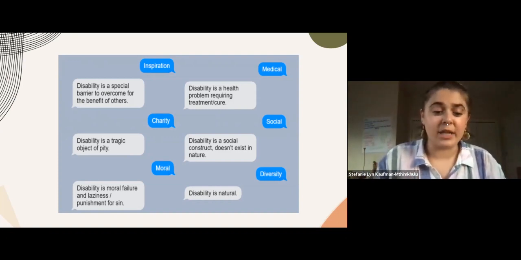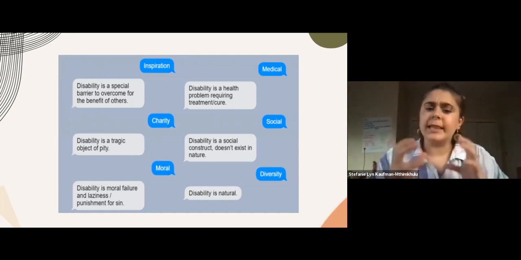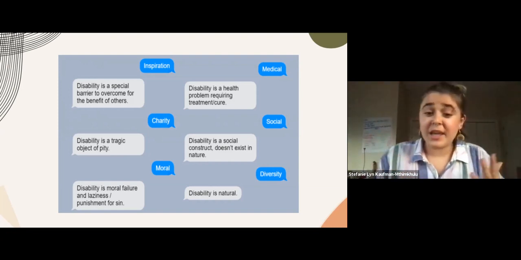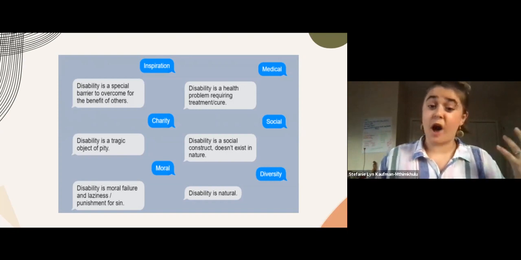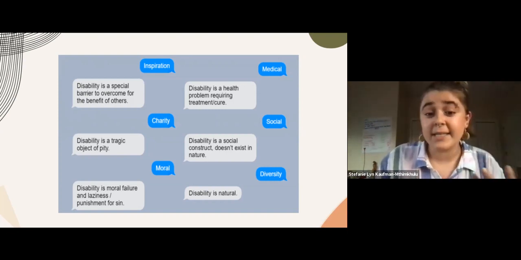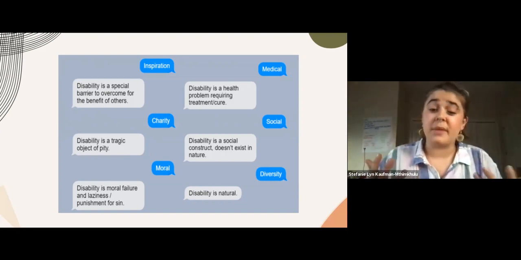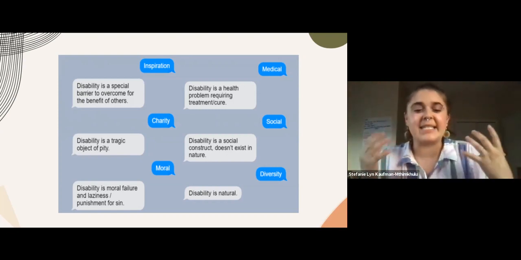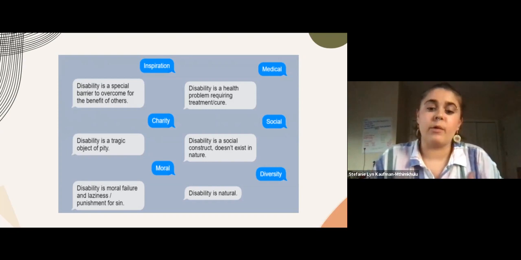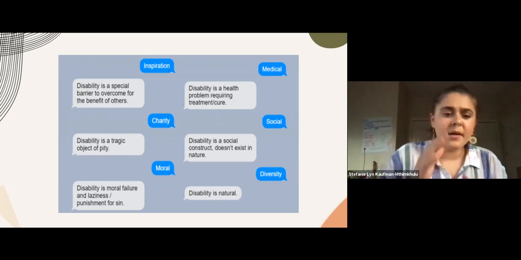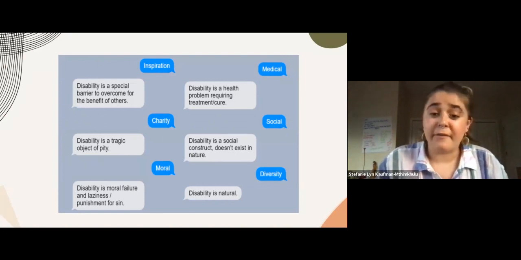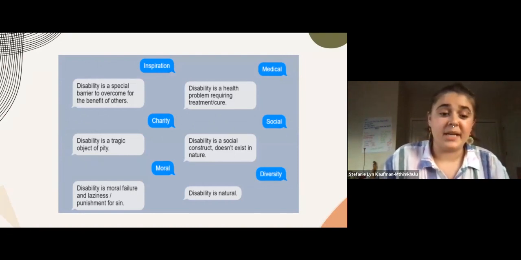That really combines a little bit of the medical model and a little bit of the social model, acknowledging that impairments can cause pain and distress. We might want to seek treatment or healing for certain things, but being disabled is not something that we want to eradicate.